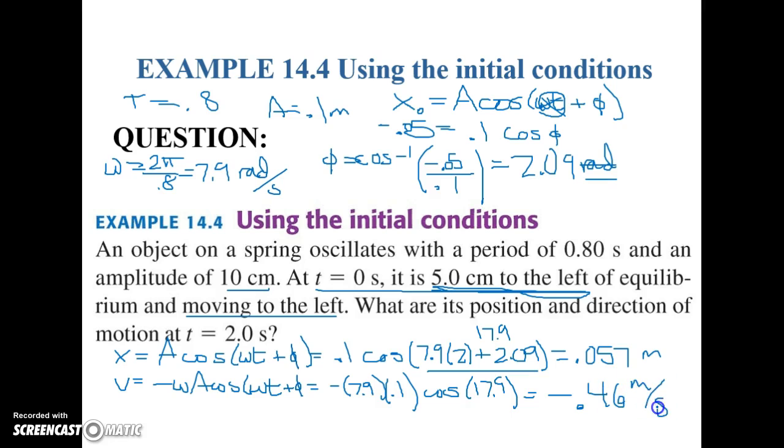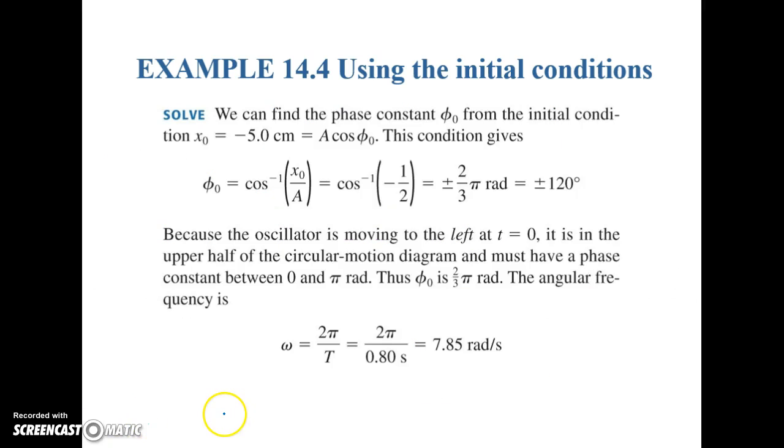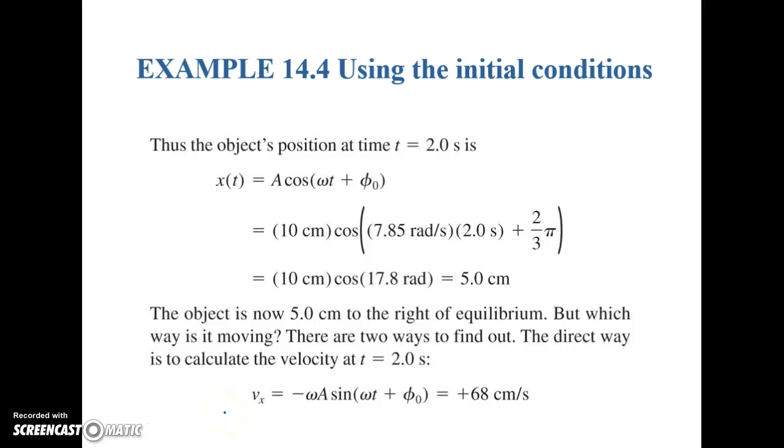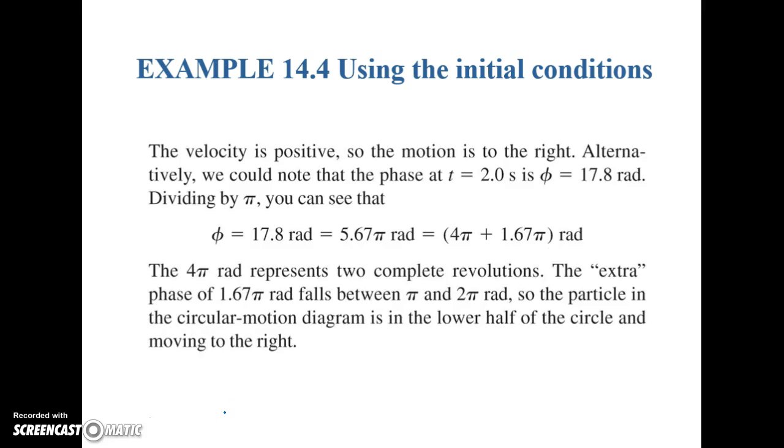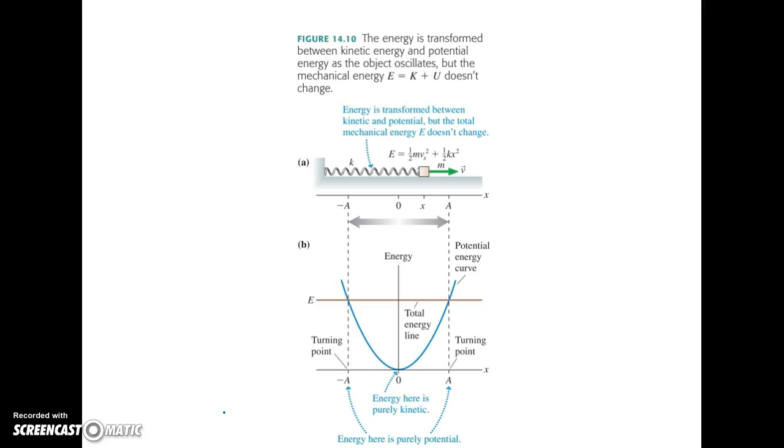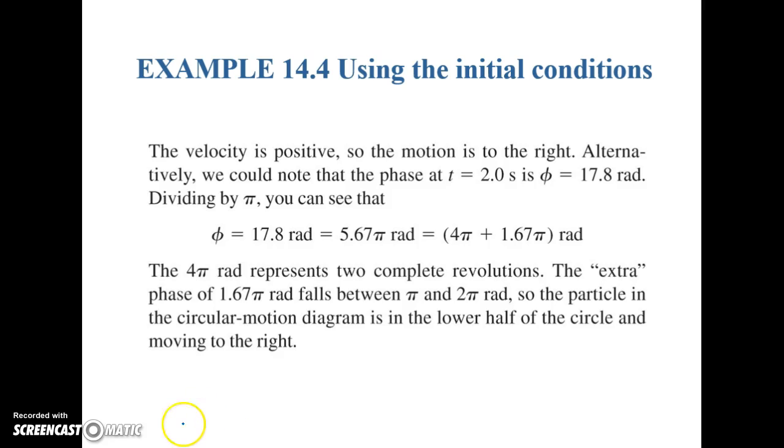So again, it's on the right, but it's now moving to the left. That would be how you use initial conditions to find the phase angle. I think the rest just walks through and gets you the same responses. Okay, and that's where we will end.